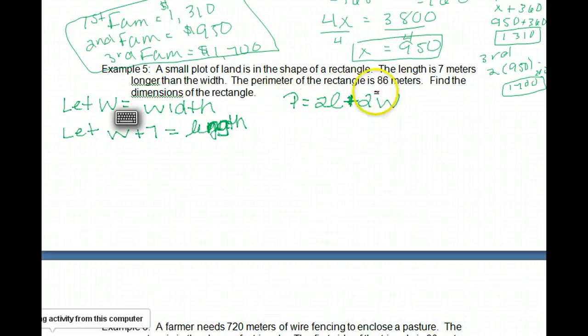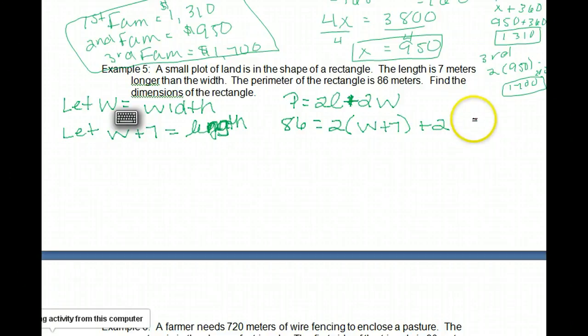They have given us the value for the perimeter, so we're going to substitute in 86 for P. We're going to substitute in our expression for length, which was W plus 7. And then we're going to substitute in our value for width, which was W. So our W actually doesn't change.